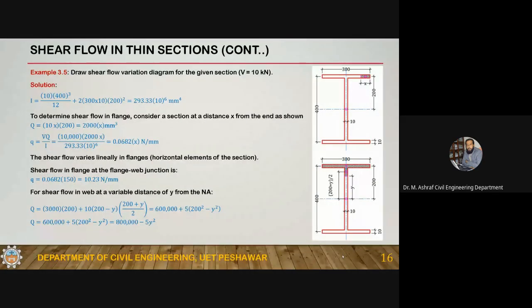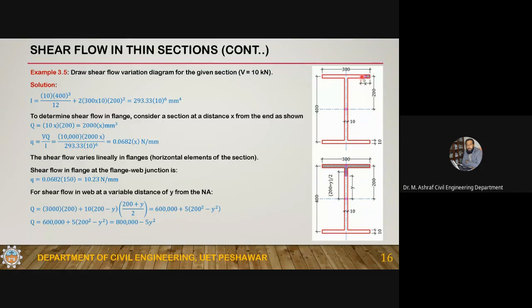So now this is the moment of inertia. Now the first moment of area, so to determine the shear flow in the flange. So let's take a section at a distance of x.